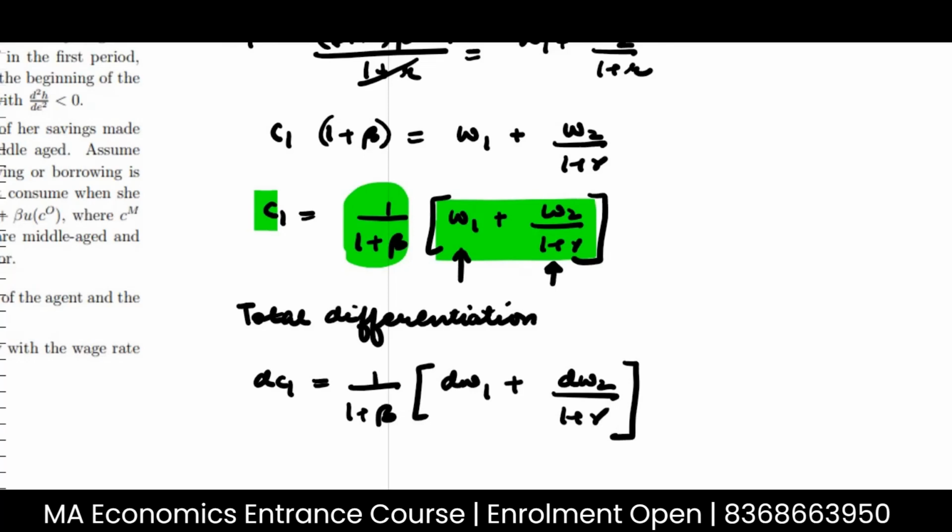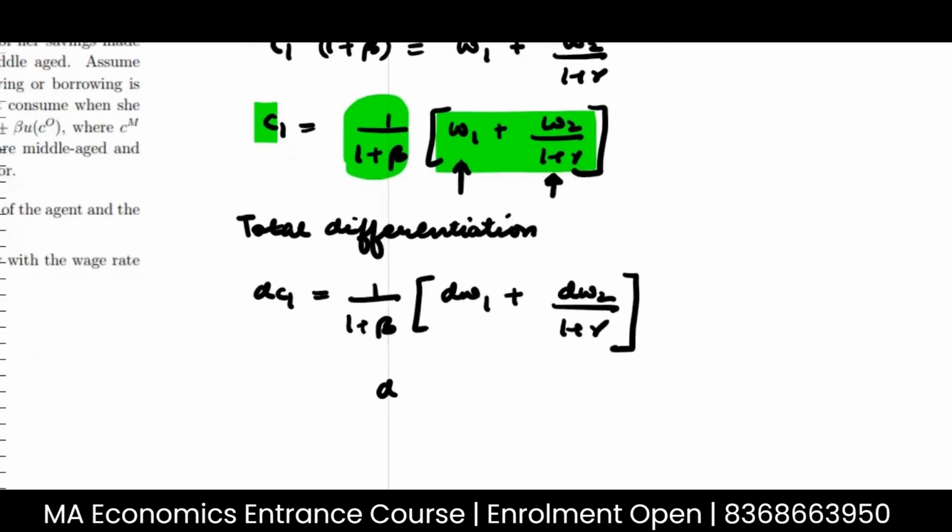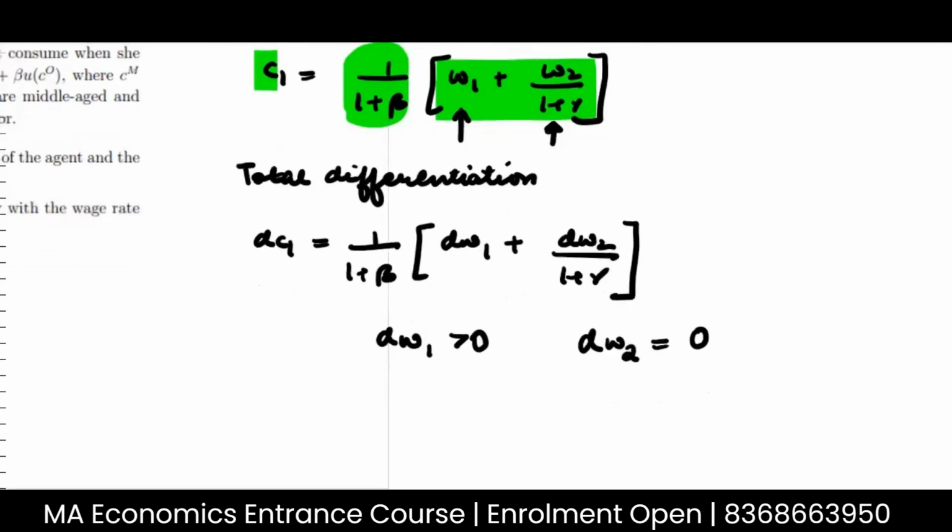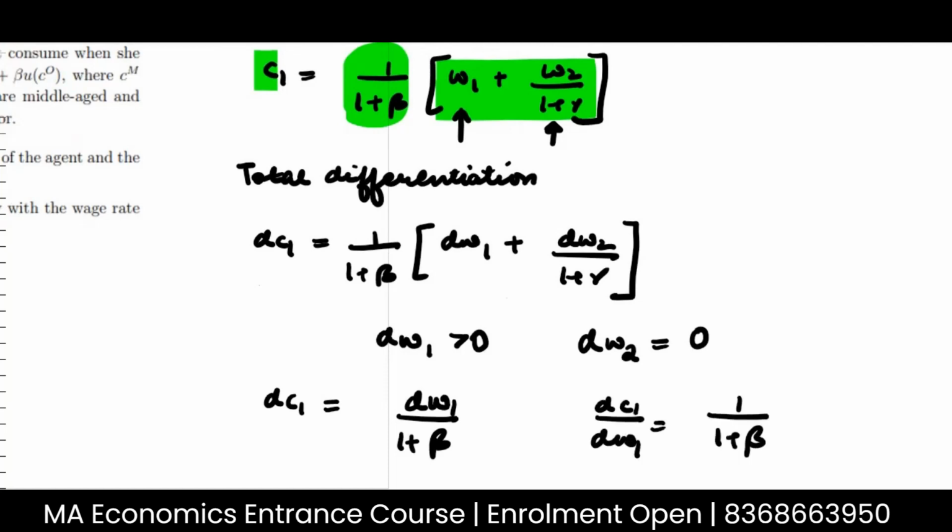Only wages have changed. The question says that dW1 is greater than 0, but there is no change in expectation of wage 2, so change in wage 2 is 0. So if I put this, I will get dC1 is equal to dW1 upon 1 plus beta. So dC1 upon dW1 will be 1 upon 1 plus beta.